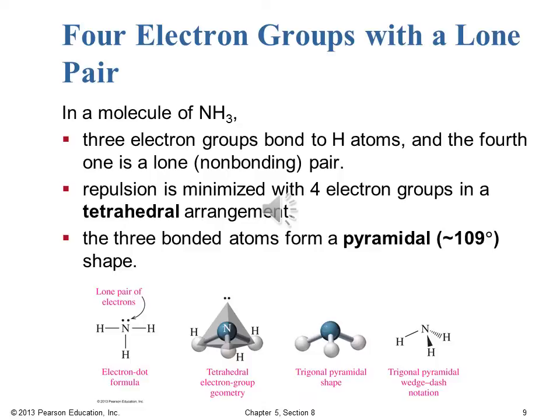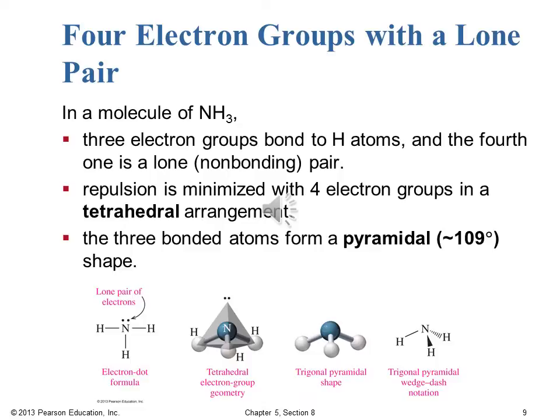So in order to minimize those repulsions, we've already mentioned that the best way to have 4 groups around a central atom in 3-dimensional space is a tetrahedral arrangement. In this case, because the molecular geometry is only defined by the bonding groups, those 3 bonded atoms of hydrogen to that nitrogen center form a pyramidal shape.